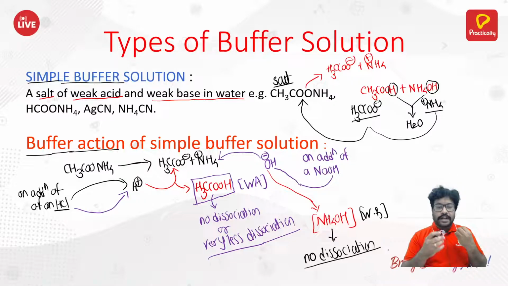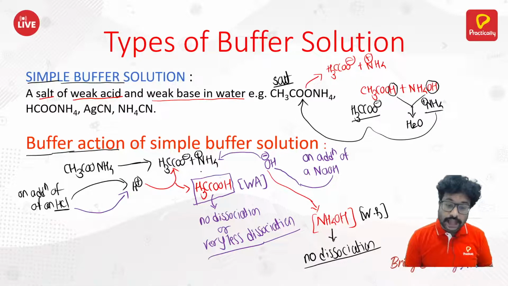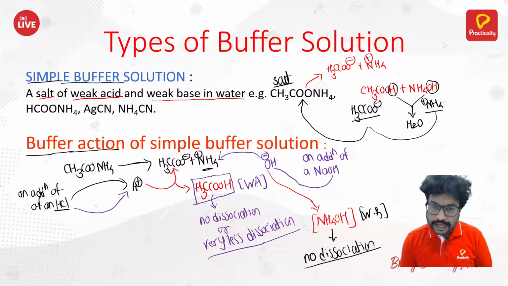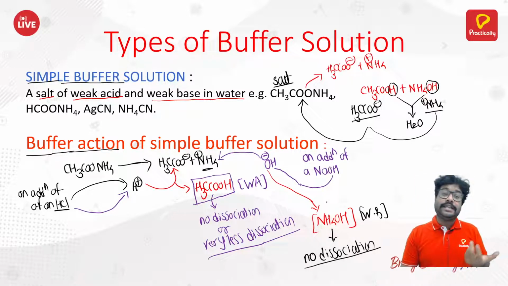Basically, whatever OH minus ion came from NaOH, all of those hydroxyl ions would be absorbed by NH4 plus, which will give you NH4OH, a weak base, and being a weak base, it will not dissociate further.